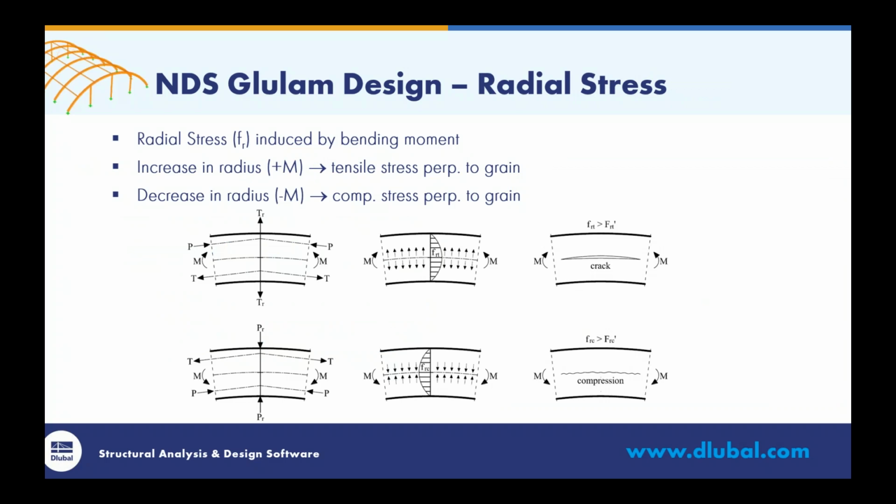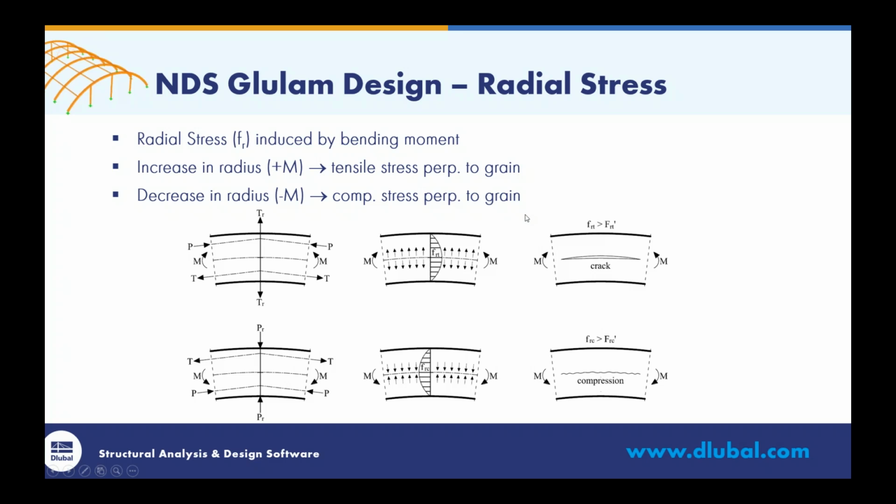Now, the other consideration is radial stress, which is F sub r, which is induced by bending moment of our curved members. Well, when we have an increase in the radius caused by a positive bending moment, which we can see in this first set of pictures up top, we will have an increase in the tensile stress perpendicular to the grain.